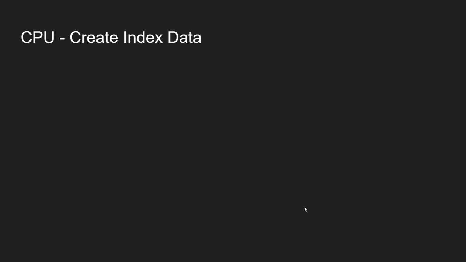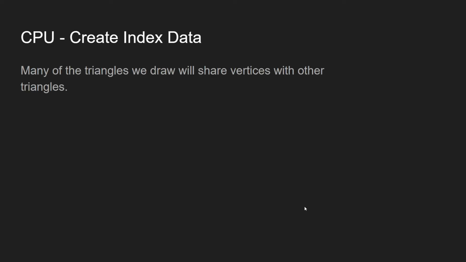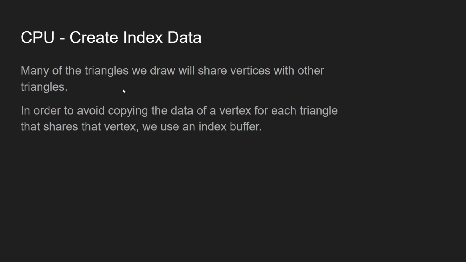So once you have your vertex data and you've told OpenGL what that data is, we need to create index data. The reason we do this is because many of the triangles, in our case especially, because we're just doing 2D rectangular textures basically, will share vertices with other triangles.